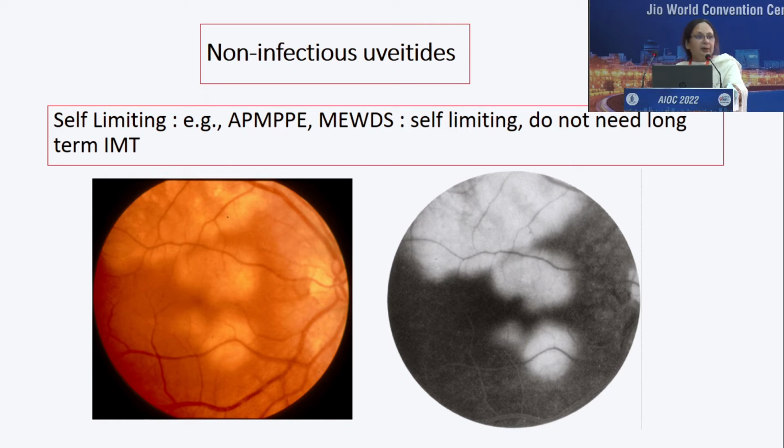So don't panic, because many of these are self-limiting. It's not that you see it and start the patient on immunosuppression. Just wait for some time while you are investigating, and within 1-2 weeks, you may see the condition has started resolving on its own without treatment.